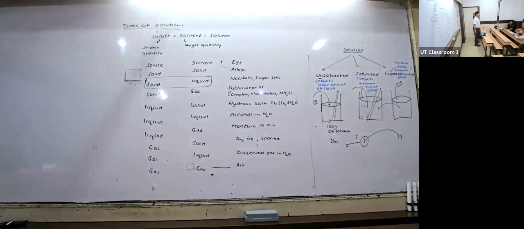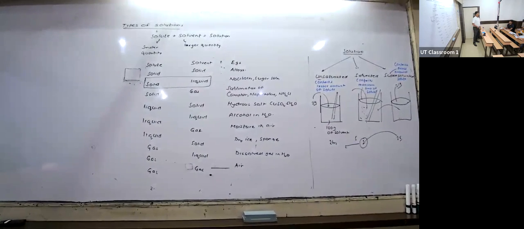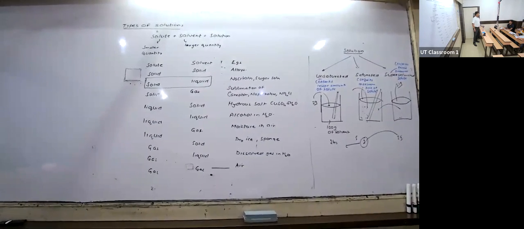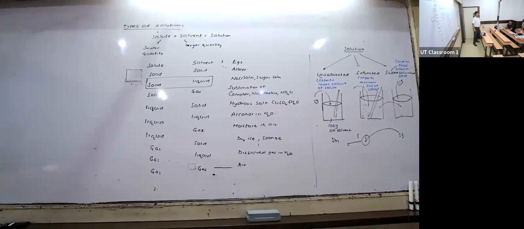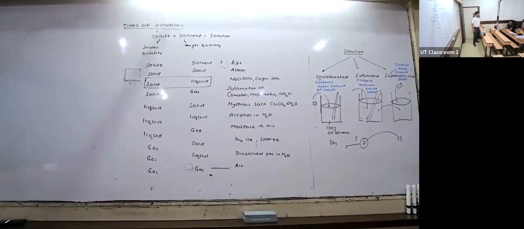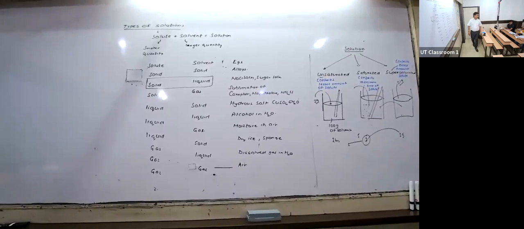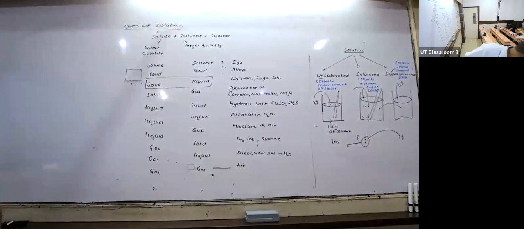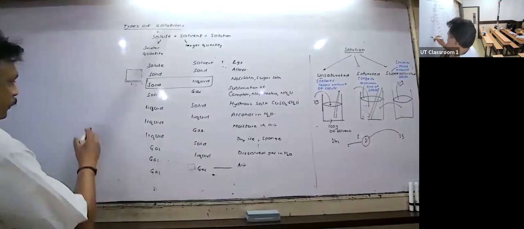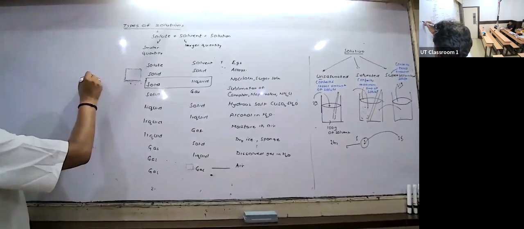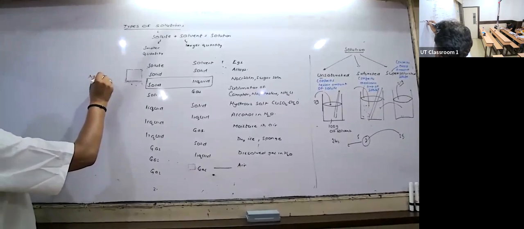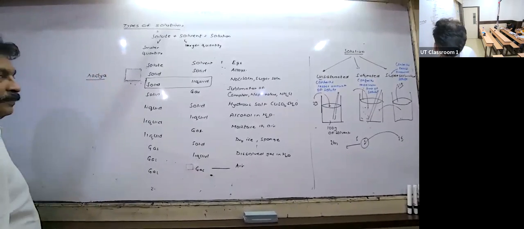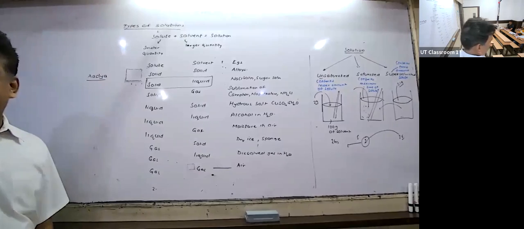Which class is first class today? Who has come for the first time? Anybody else? What is your name? Adya, A double A U R. Anybody else? What is your name?